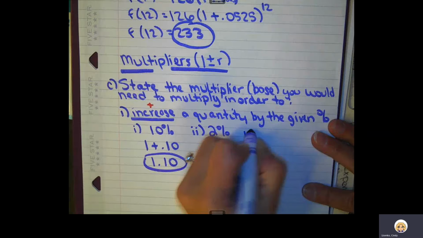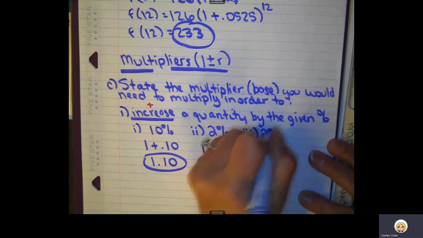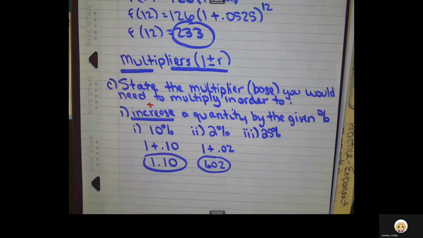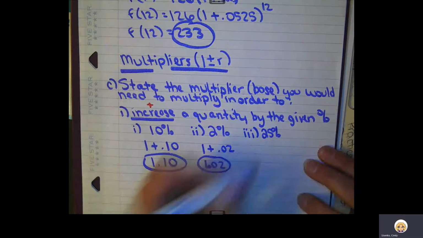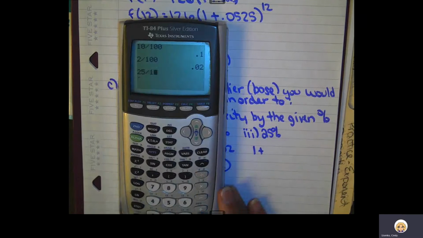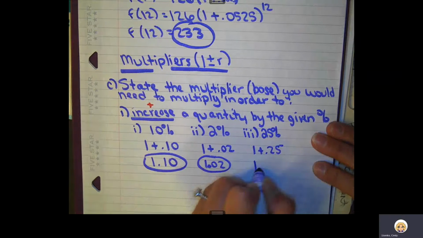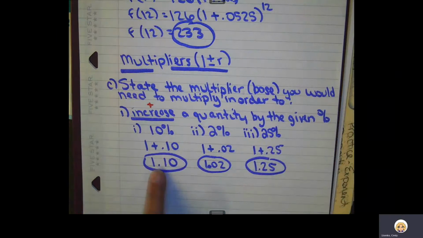We've got 5 total of these. Here's example 3. I have 3 I's, or 4, I'm sorry, we have 4. 25%. The multiplier would be 1 plus 25% as a decimal, so 25 divided by 100. Moving the decimal 2 places is 0.25. So we get 1.25. Notice when we're increasing, all of these multipliers are higher than 1.